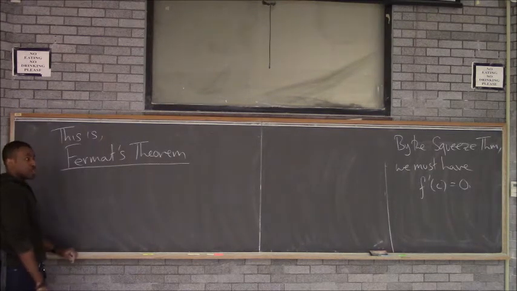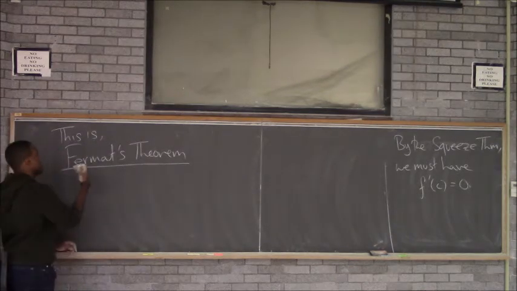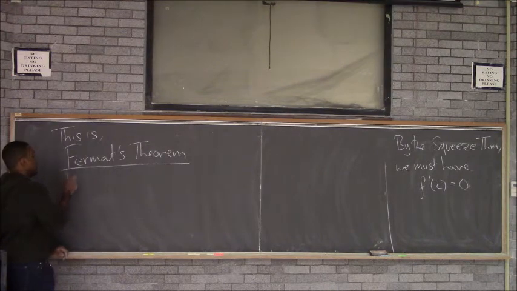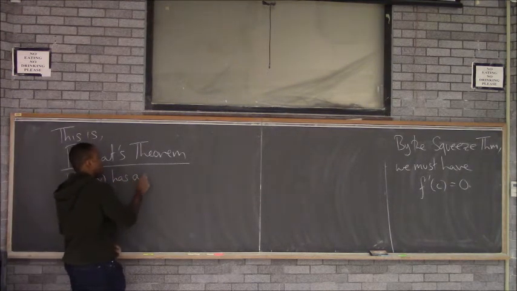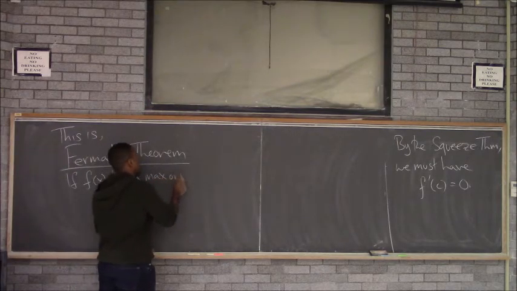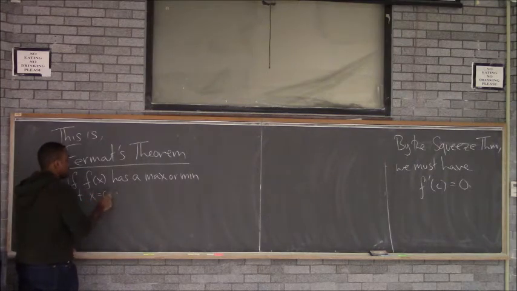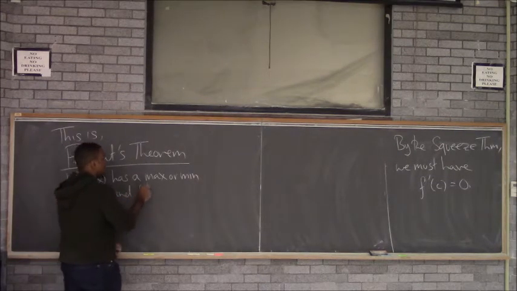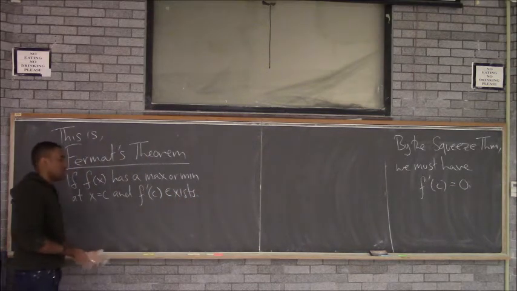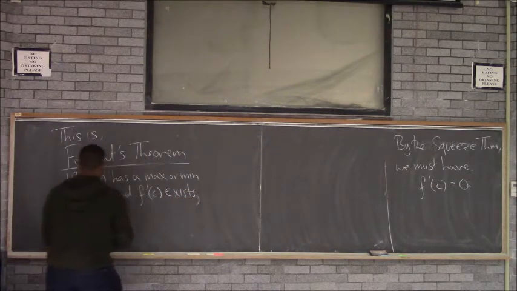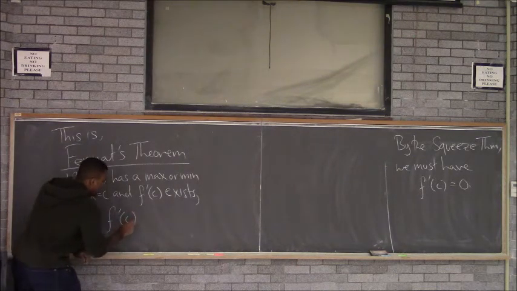Okay, Fermat's theorem though, that we have in Calc 1, it's not so hard, I just proved it for you. It says the following. If f of x has a max or min at x equals c, and f prime of c exists, meaning we can actually find the derivative, the function is differentiable, then f prime of c equals 0.